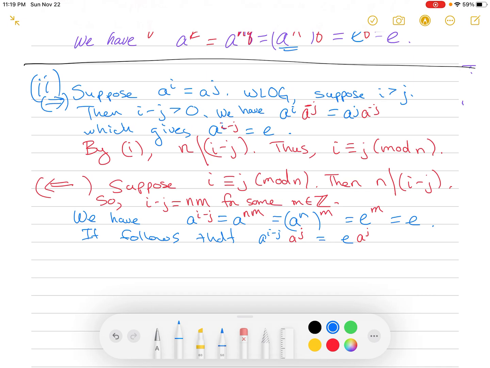It follows that a to the i minus j starred with a to the j equals the identity starred with a to the j. Here you can add the exponents, a property we've looked at: a to the i minus j plus j. And on the right, the identity times a to the j is just a to the j. So when you add those exponents, this is equivalent to a to the i equals a to the j. Okay, that's the forward and the backwards directions.